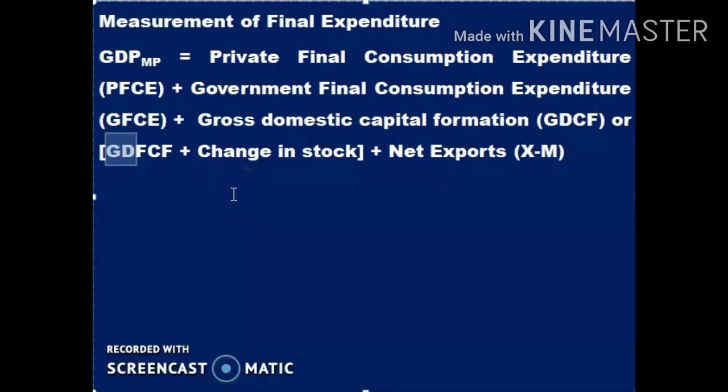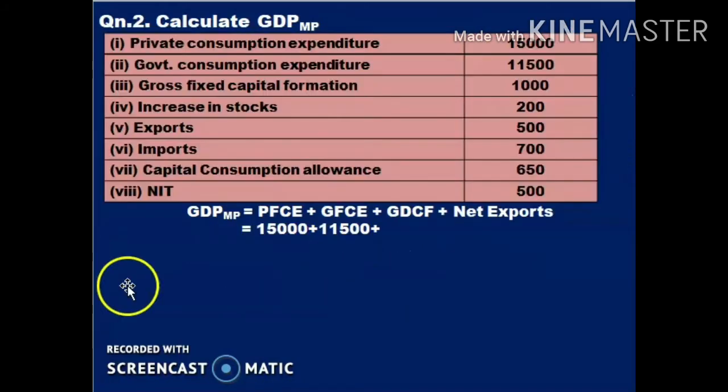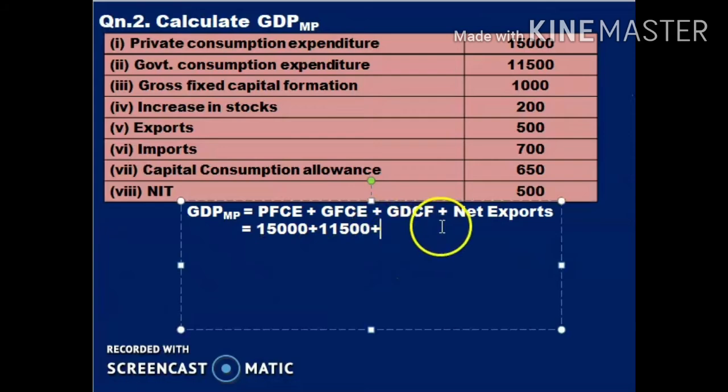As you studied, when gross domestic fixed capital is given, you have to add the change in stock. Here it is 1,000 plus the increase in stock, since change in stock is not given, so you add both.